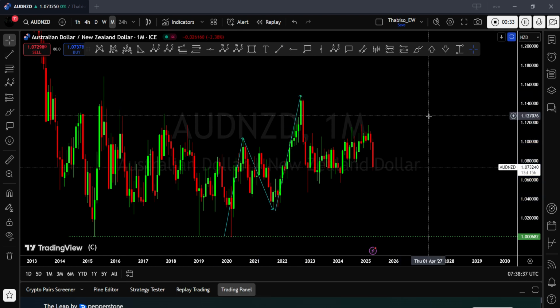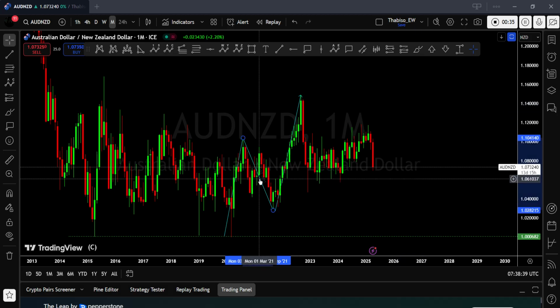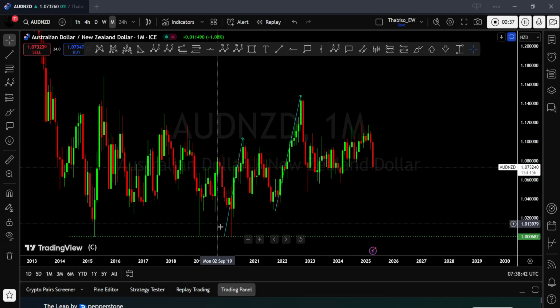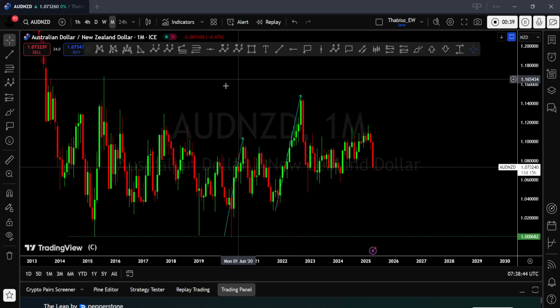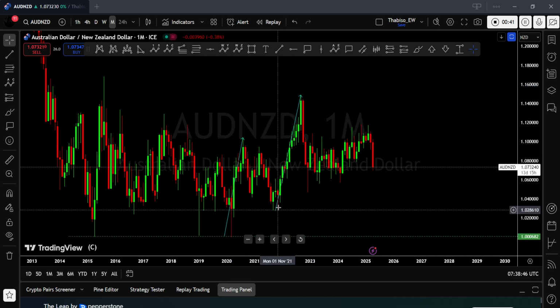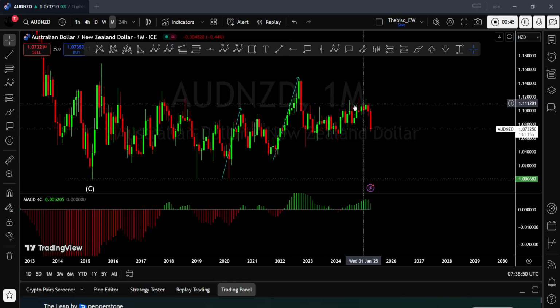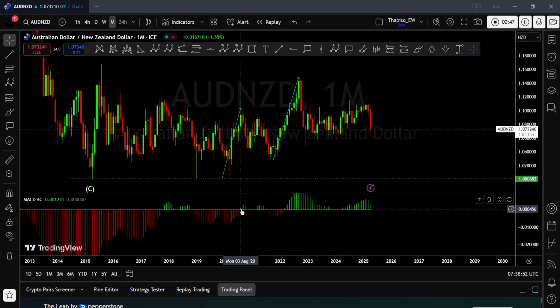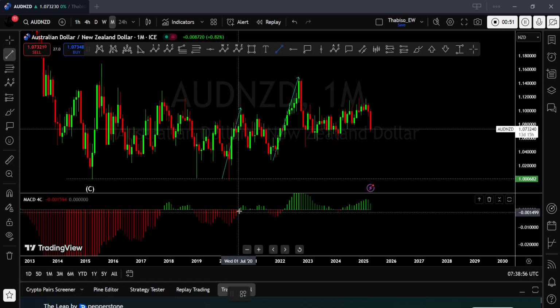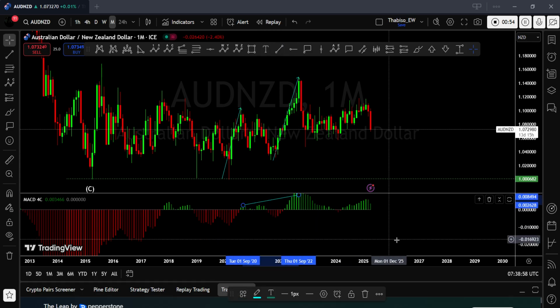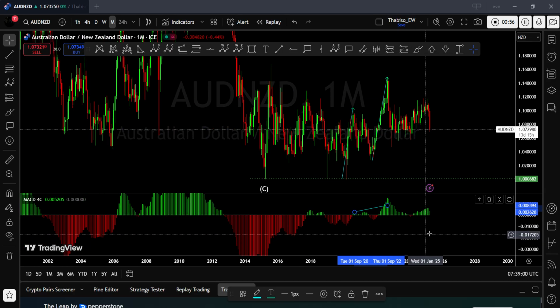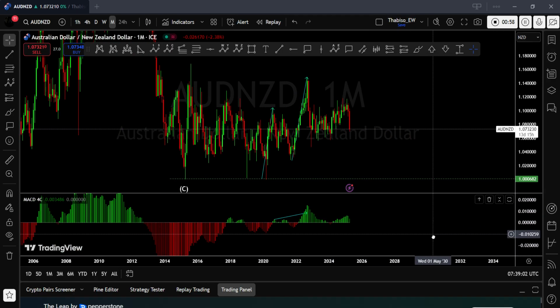So I always say we need to look at the momentum of these two cycles. And when you look at it, you can see that there is a huge difference here in momentum.